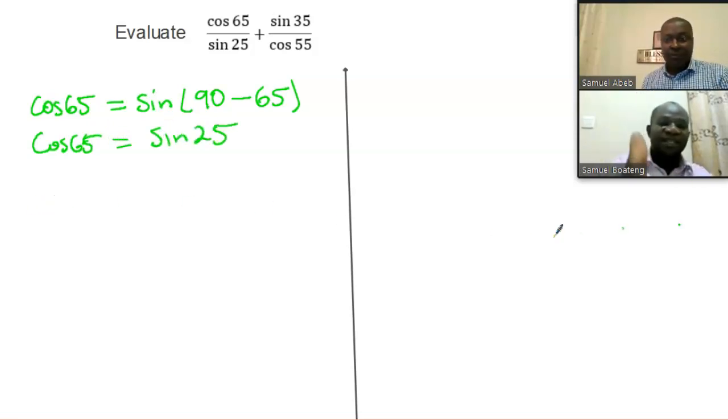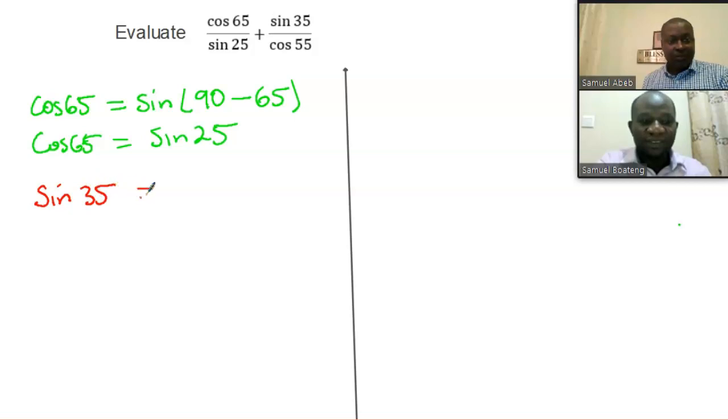I want to come to the second term. We can decide to change the numerator. So sine 35 degrees is equal to cos of 90 minus 35, and which is cos 55 degrees.